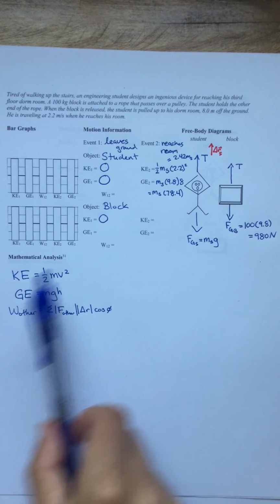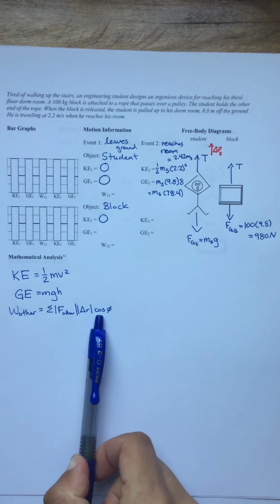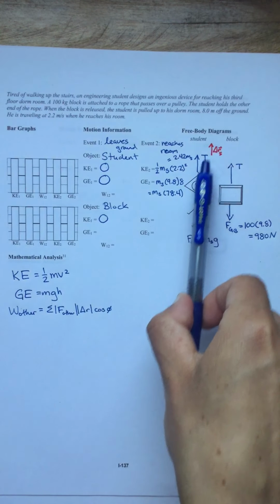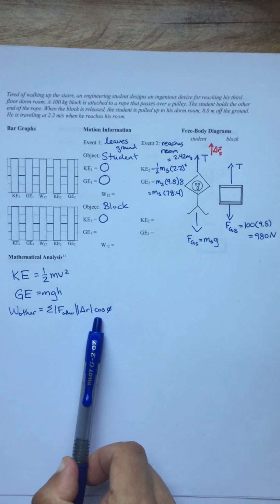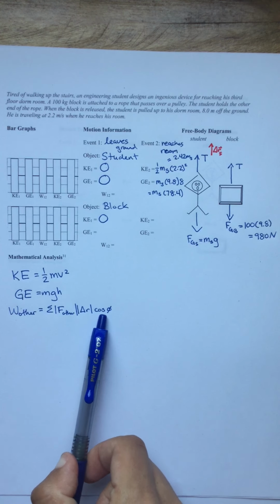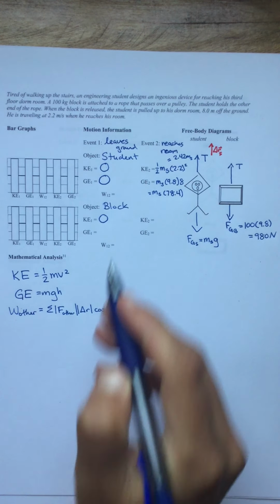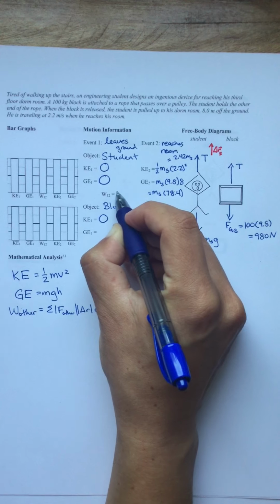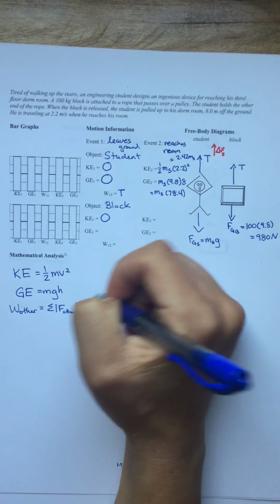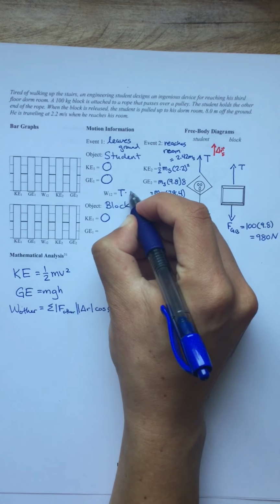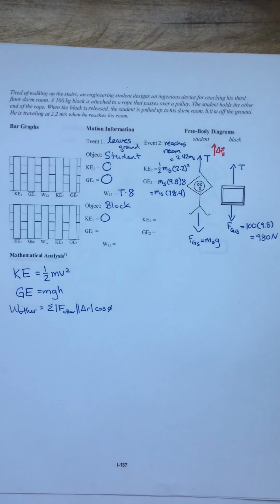That's in the same direction as the tension. So for the cosine of the angle between the two, since they're pointing in the same direction, tension's doing positive work. So cosine of the angle is 1. The only force other than gravity I have is T. This is T times the displacement. The displacement is 8. Okay, so now I'm finished with the table for the student.